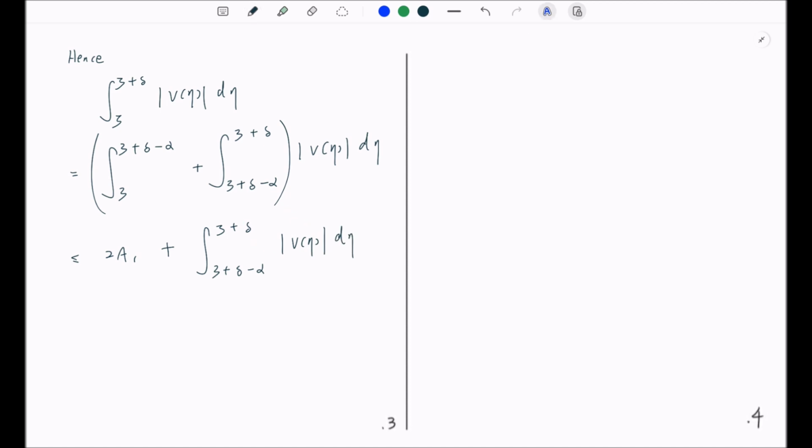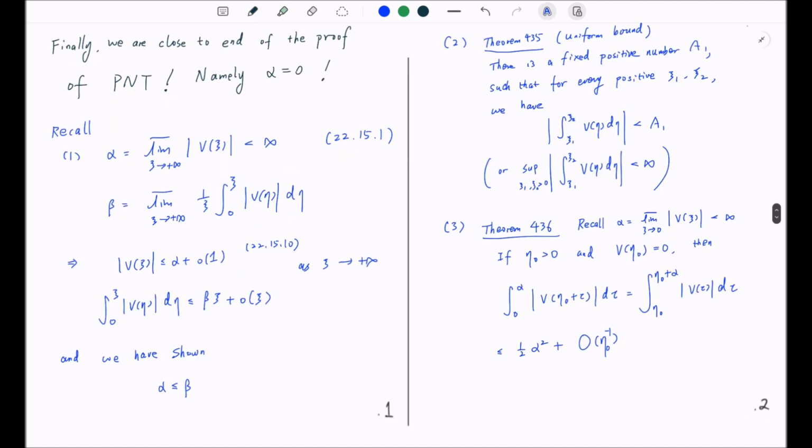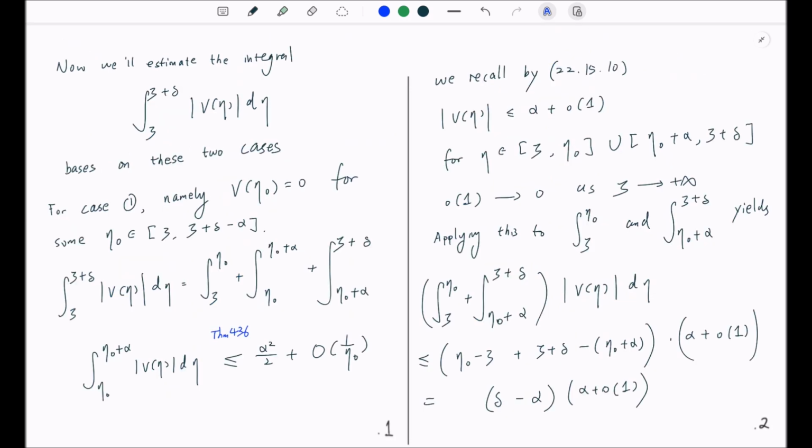To bound the second part, we're going to use 22.15.10 again to bound the integrand by alpha plus little o of 1. And by the same reasoning as we argued in case number 1, this little o of 1 will still go to 0 as zeta goes to infinity.